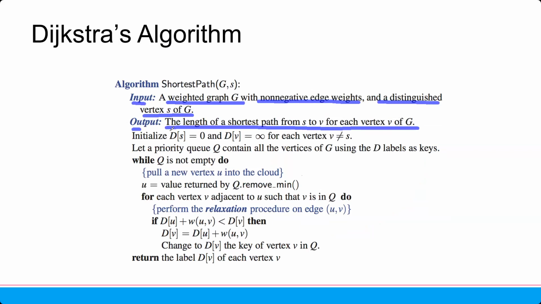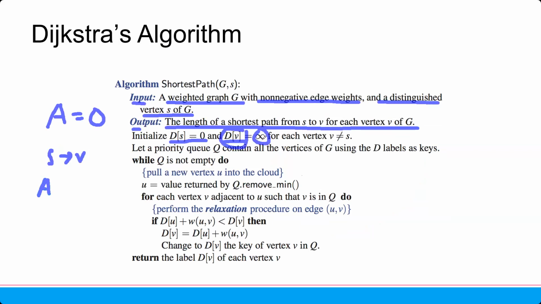So the initial value: the distance of S will be 0. The distance of S will be 0 means if we start from A, of course, it is 0. And the distance from S to V will be infinite for the first time.